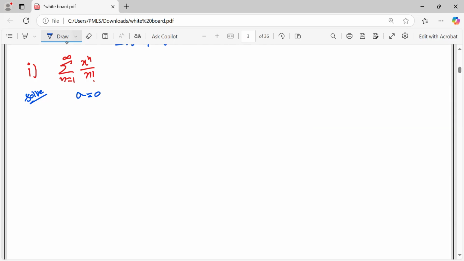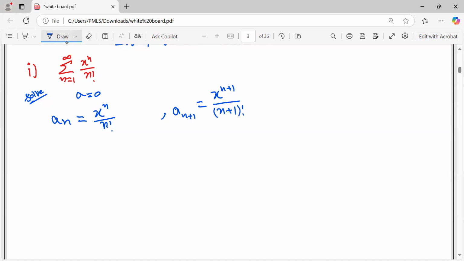Now, for the interval of convergence, we need to apply the ratio test. So a_n is equal to x raised to power n over n factorial. To find a_{n+1}, we replace n by n plus 1, so it becomes x raised to power n plus 1 over (n plus 1) factorial.